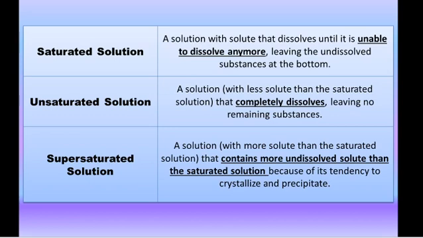Unsaturated solution means the amount of solute is less, so a solution that completely dissolves the solute, leaving no remaining substance, is called an unsaturated solution. And the final one is the supersaturated solution: a solution that contains more undissolved solute than the saturated solution, because of its tendency to crystallize and precipitate.